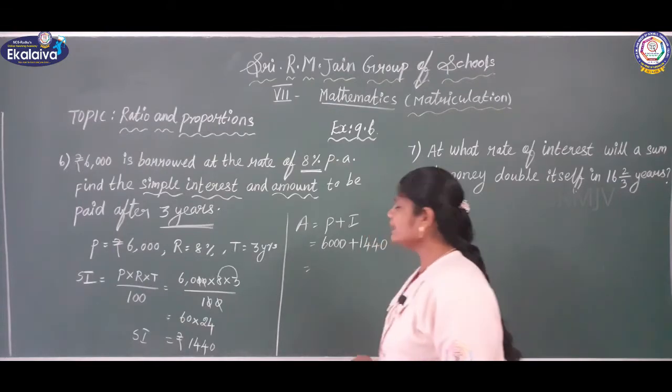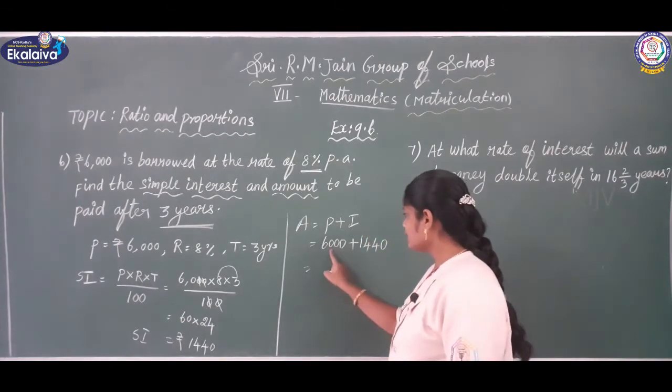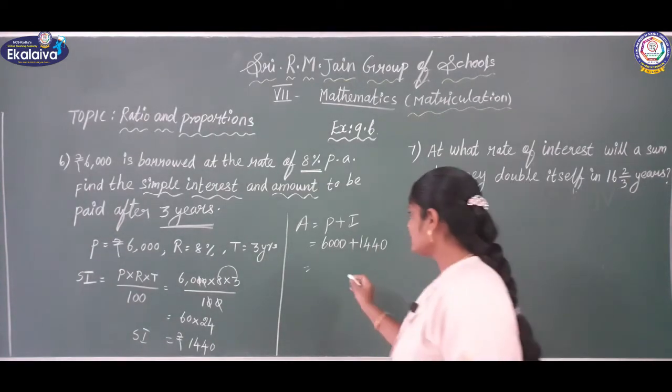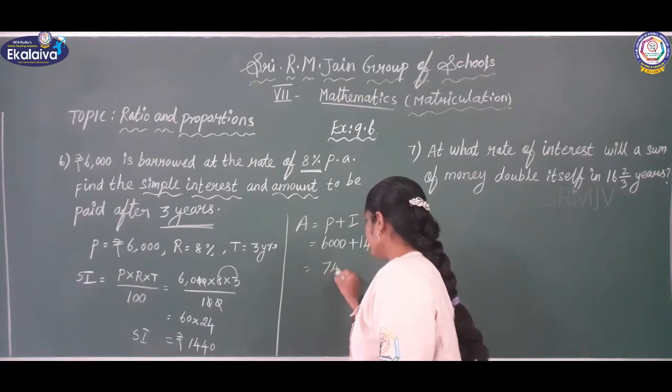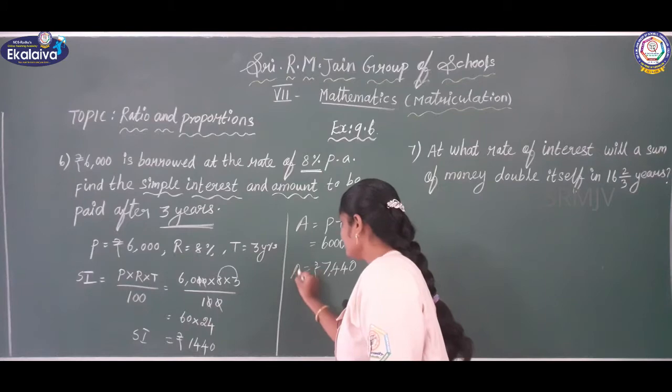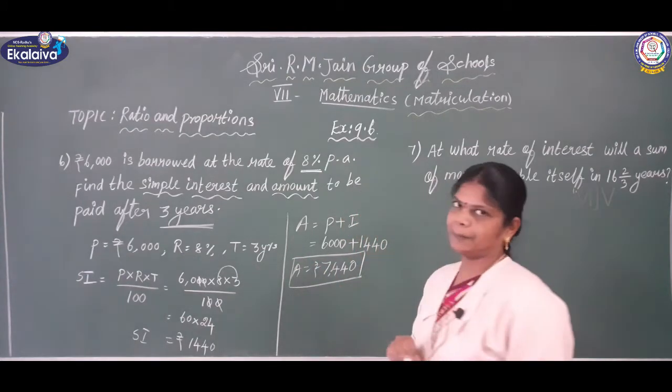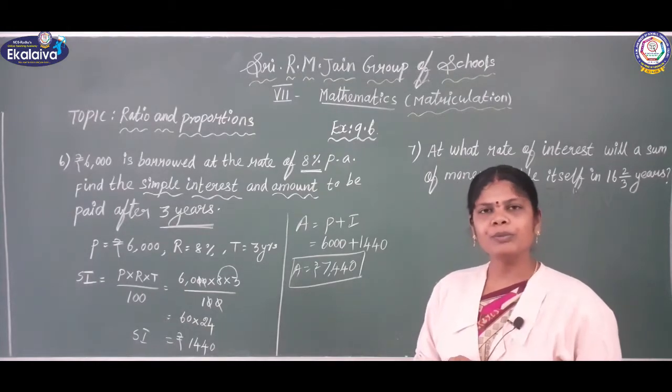So when we add this, what you will get children? 6,000 plus 1,440 will get 7,440. So what is the amount here? 7,440. Is it clear children? Shall I move on to the next one?